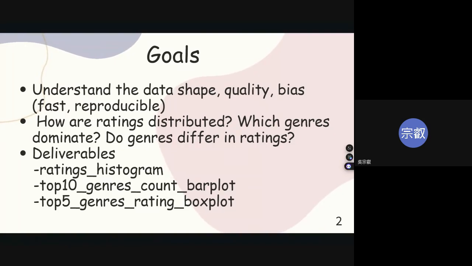The deliverables for this part are 3 figures: rating histogram, top 10 genres by movie count, and top 5 genres rating box plot, plus tidy summary tables for users, movies, and genres. These artifacts become the handoff for trend analysis and modeling in later parts.